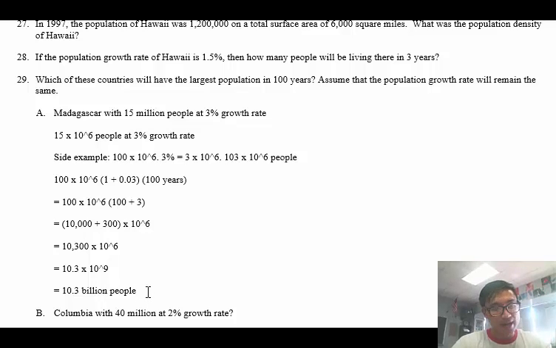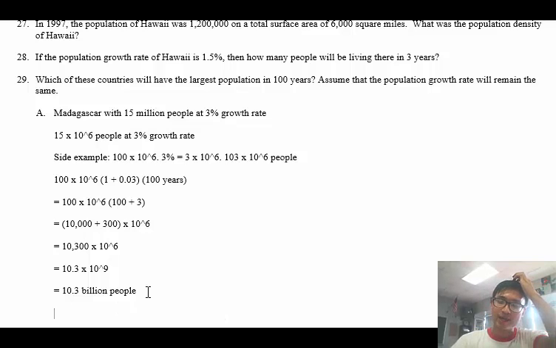Now we could go ahead and go back to Madagascar. Let's go back to Madagascar. And we see that it's 15 million people at a 3% growth rate. So we're going to follow the same setup that we had before. But instead of 100 times 10 to the 6th, we're going to have 15 times 10 to the 6th times 1 plus the 3% growth rate, so that didn't change at all, times 100 years.